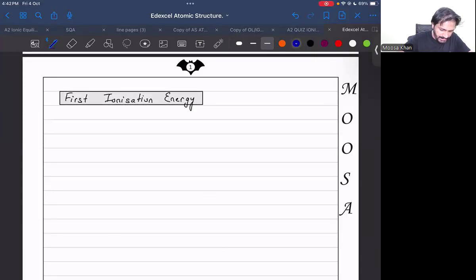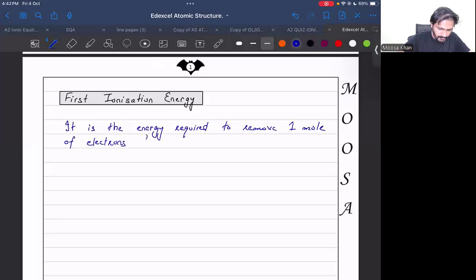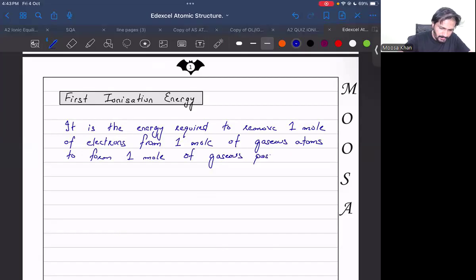First ionization energy is the energy required to remove 1 mole of electrons from 1 mole of gaseous atoms to form 1 mole of gaseous positive 1 ions.